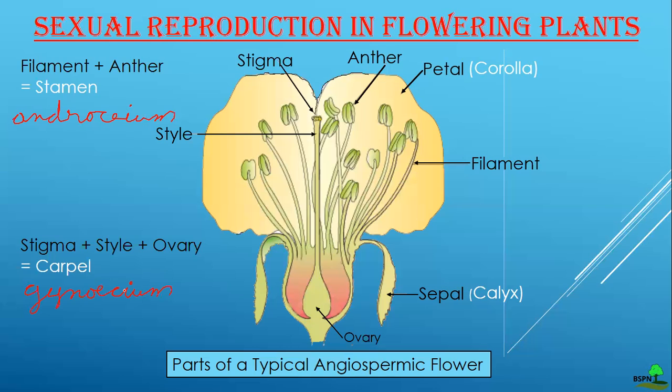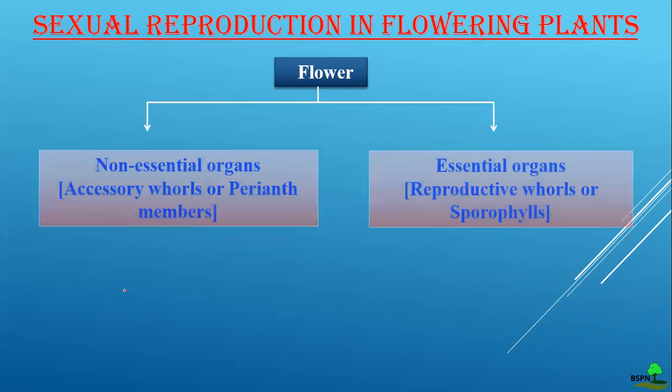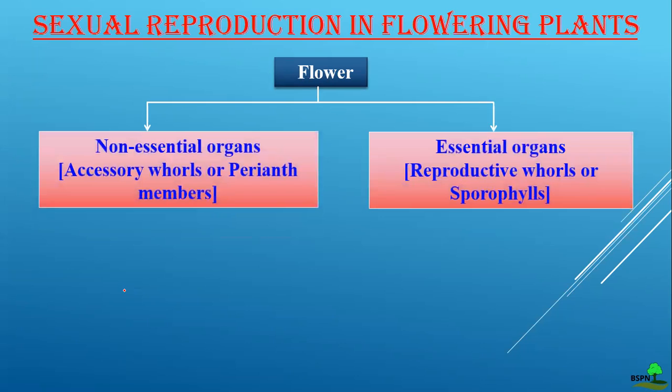So the four parts or whorls of a flower are broadly categorized into two, namely the non-essential organs and the essential organs. Non-essential organs are the accessory whorls or perianth members. They are also called such. Essential organs are also referred to as reproductive whorls or sporophylls.